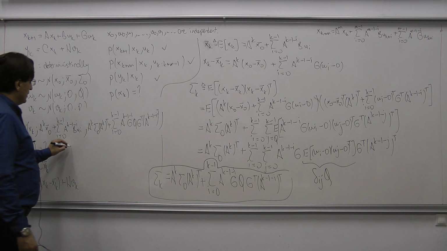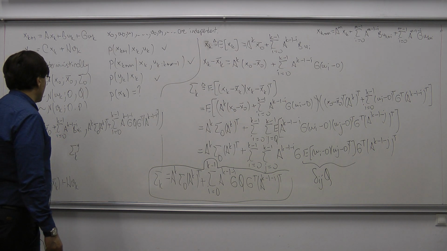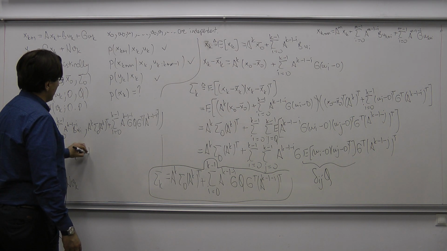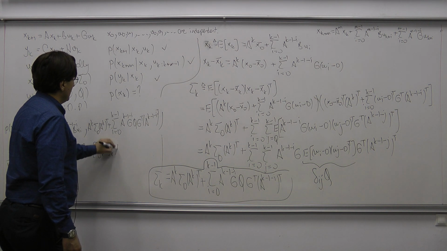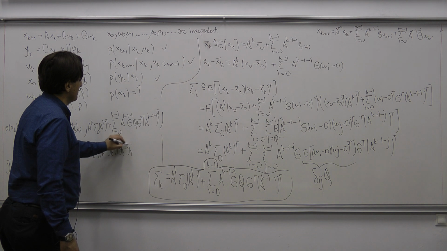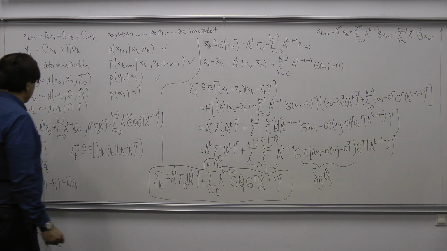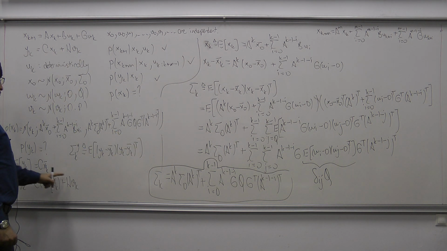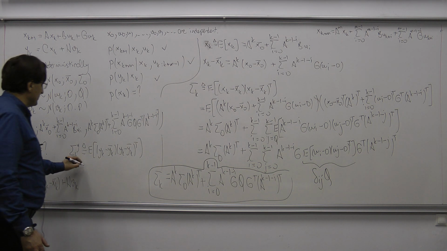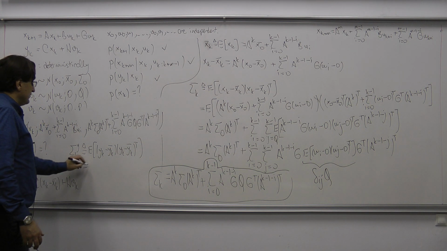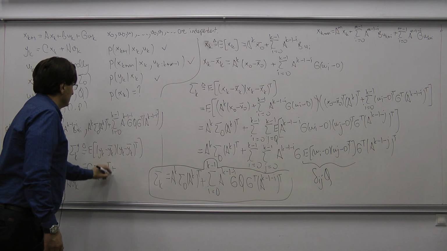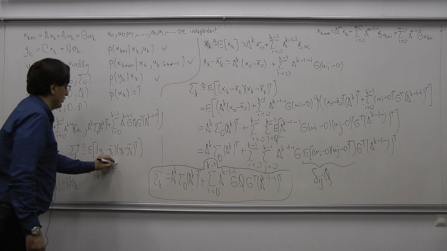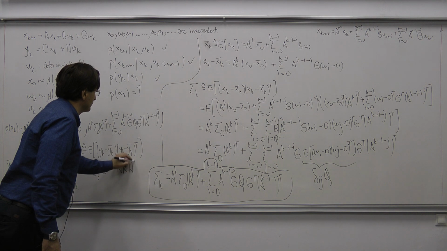Which means that if I try to calculate the covariance, let us call this Sigma_k^y, that is going to be the expected value of (y_k minus y_k bar) times (y_k minus y_k bar) transpose. This is going to be the summation of the covariances of these two terms, and that is going to be nothing but C times Sigma_k times C transpose, plus the covariance of this term, H times R times H transpose.